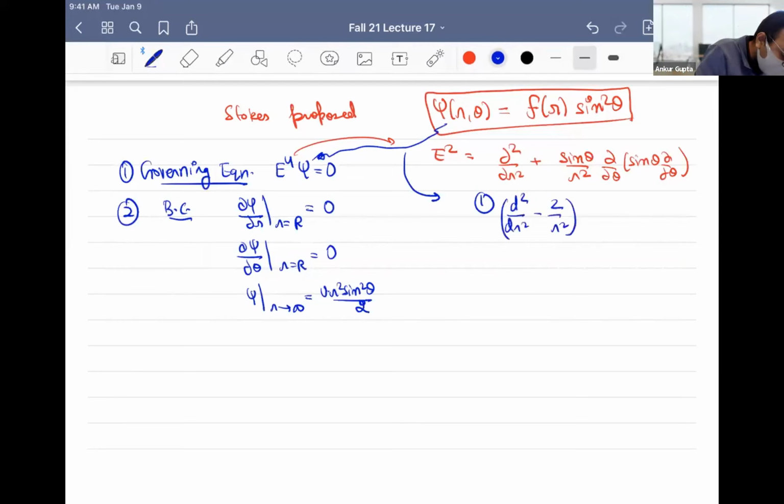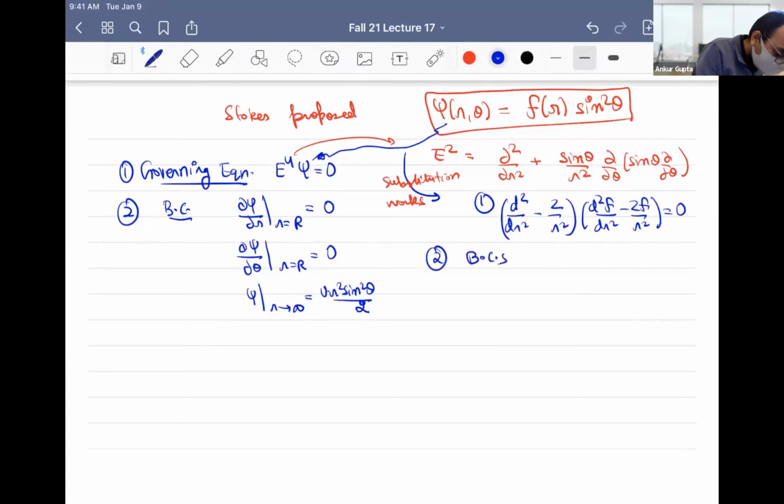So the first thing you notice is that the substitution does work. So substitution holds for the governing equation. Then the second thing is the boundary conditions.